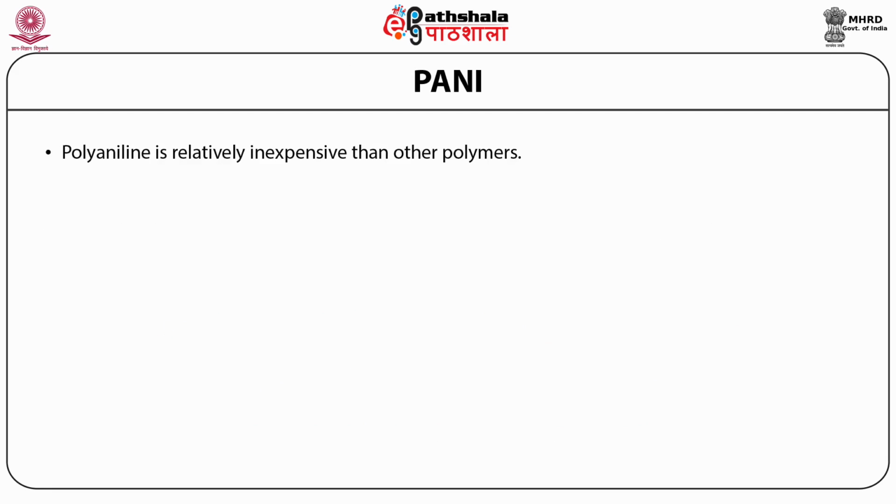Now students, we are continuing the discussion on polyaniline. The interest in Pani was further rejuvenated in the mid-1990s when MacDiarmid and Epstein identified a new process to make polyaniline even more electrically conducting.